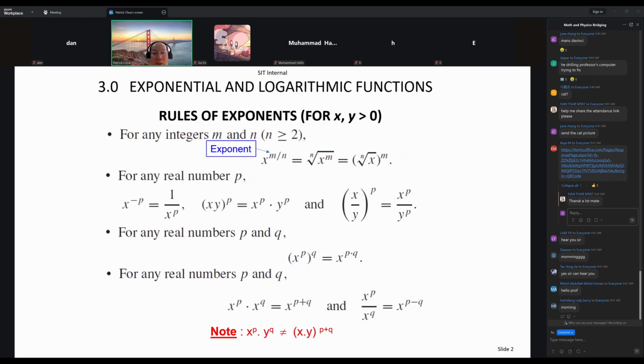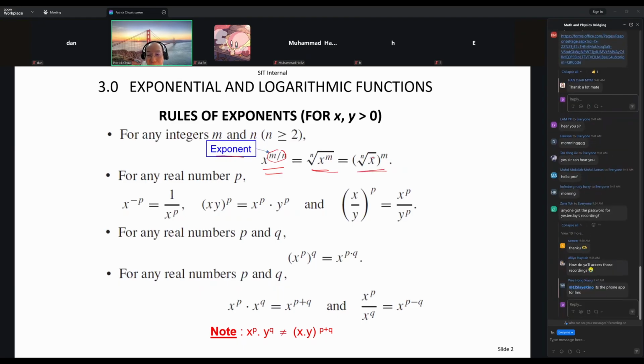For exponential functions, when you have x to the power of something, that definitely is an exponential function. For example, x to the power of m over n. So m over n is called an exponent, or we normally call it power. And x to the power of m over n can be written as the nth root of x to the power of m, and it can also be rewritten as the nth root of x, bracket m.